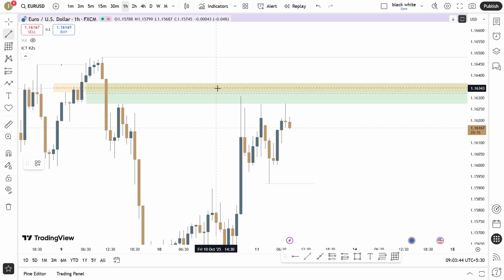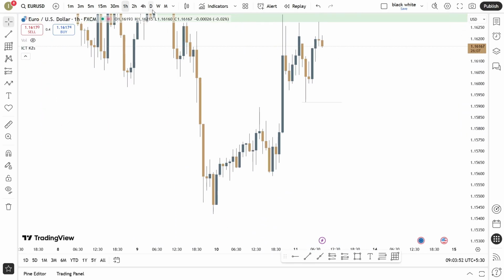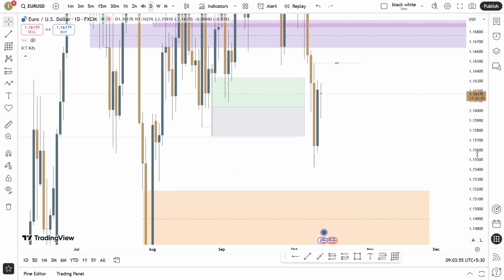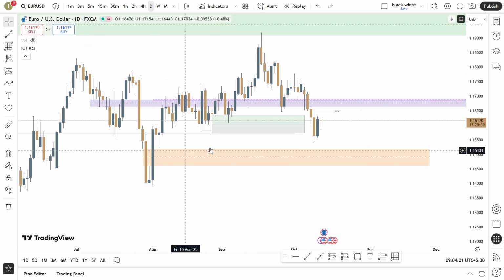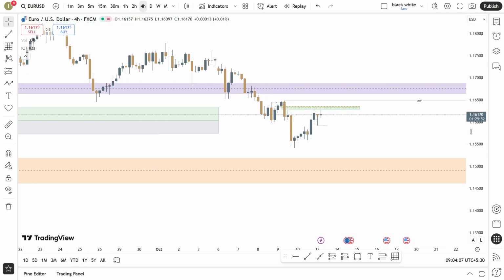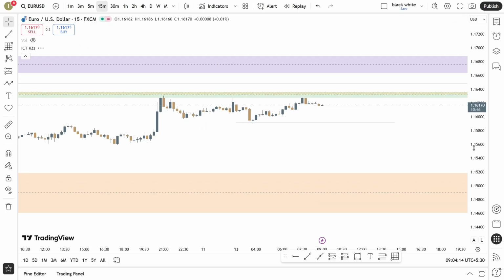That will make each and everything sitting right here a liquidity, and then the price will continue its journey towards, let's move to the dailies, which I had missed, this higher time frame BPR, which is sitting right below these levels. So if the price has to reach this level, more likely we are going to react from these levels and come down. Since everything here is mitigated, let's move to the 15 minutes now.